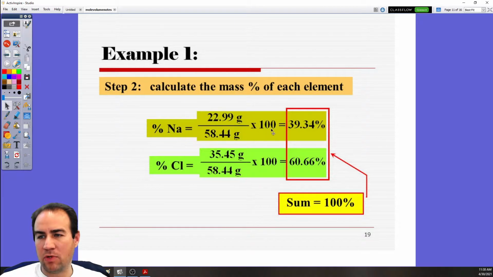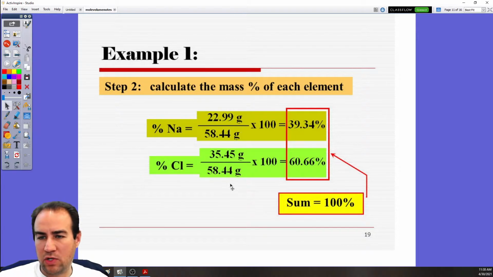Multiply by 100, and you get 39.34%. Repeat the same thing with chlorine. 1 mole of chlorine atoms is 35.45, divided by 1 mole of sodium chloride, 58.44 grams, multiplied by 100, and you get 60.66%.